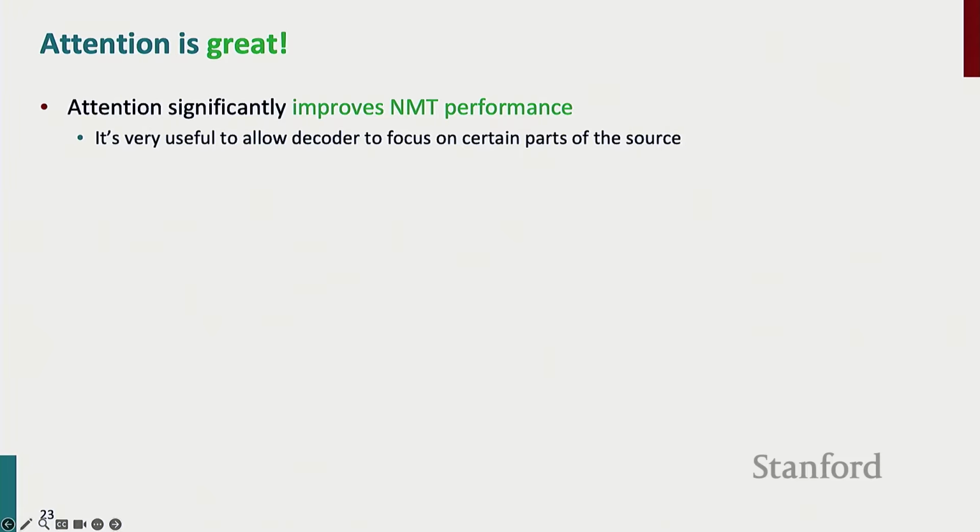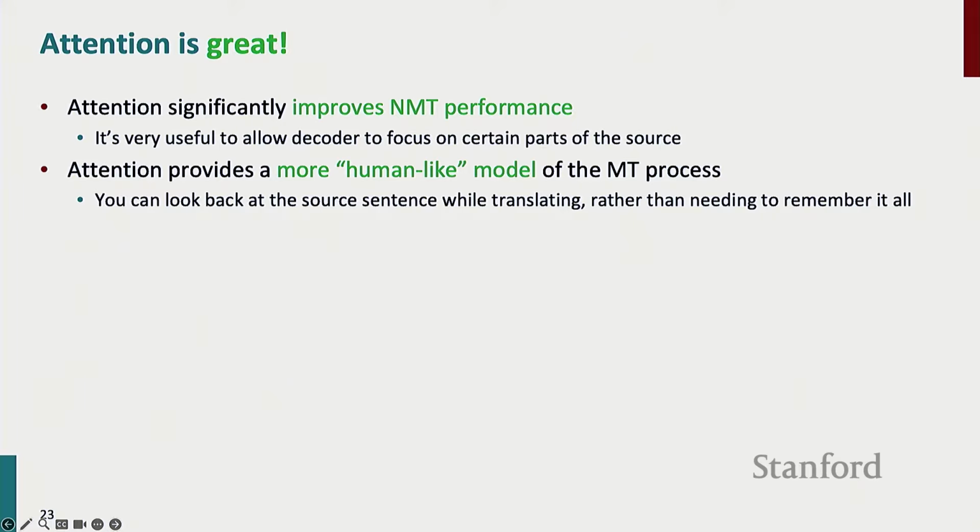So attention significantly improved NMT performance, and essentially every neural machine translation system since has used attention like we've just seen.